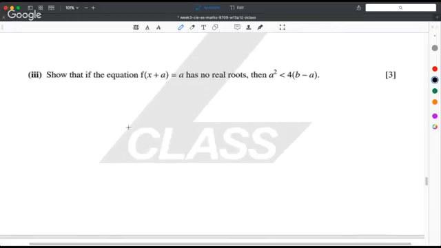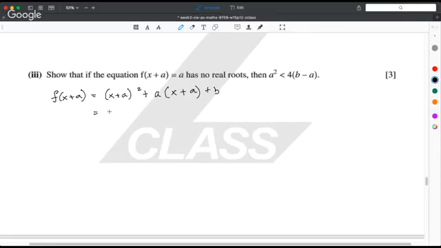Okay, last case. Everything's general again. We're not told what a and b are, but we're told that the equation f of x plus a is equal to a has no real roots. So f of x plus a means that wherever you see x, you plug in x plus a instead of x. So it's x plus a squared plus a times x plus a plus b.